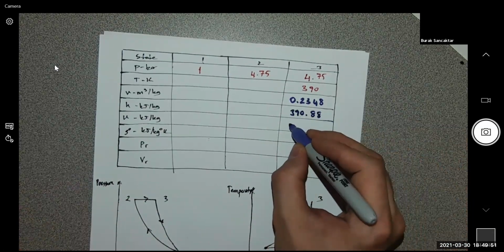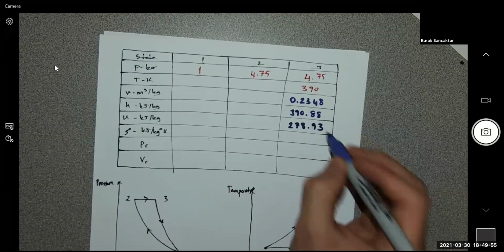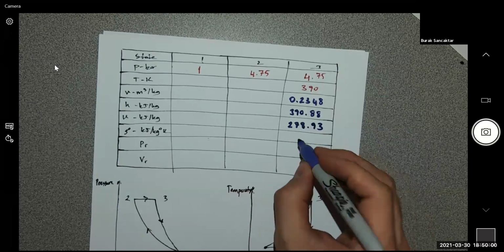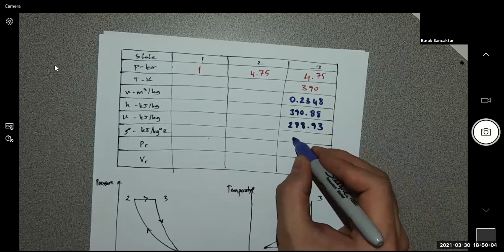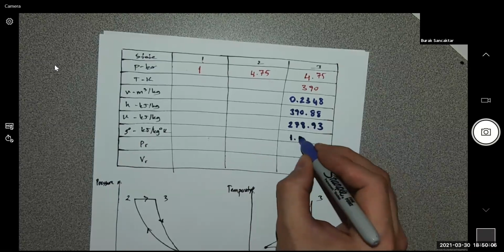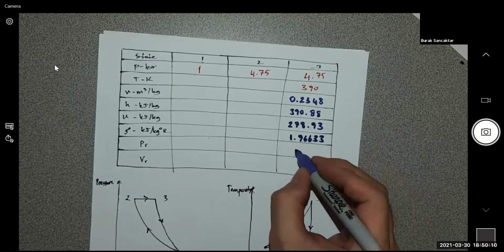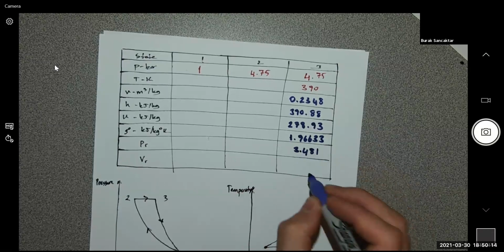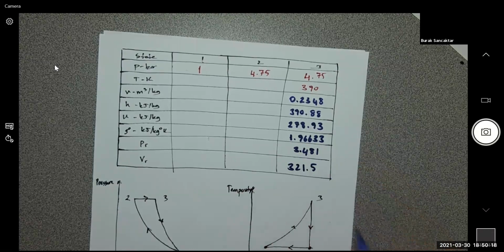Internal energy will be 278.93. Entropy, product of entropy S0 will be 1.96633. PR 3.481, and VR 321.5. Okay.